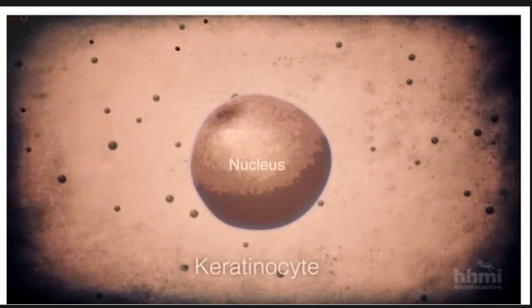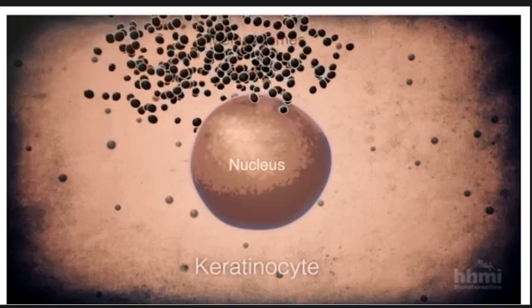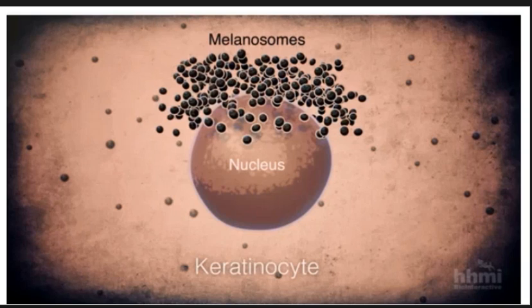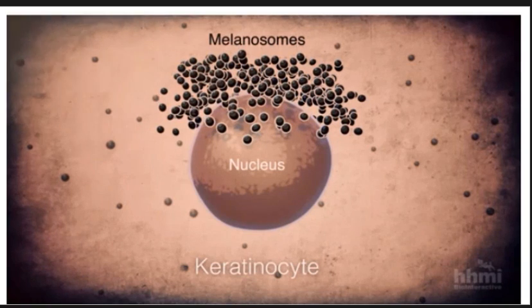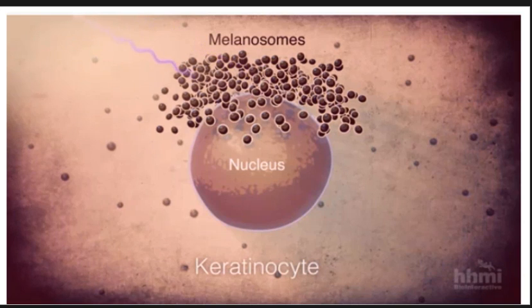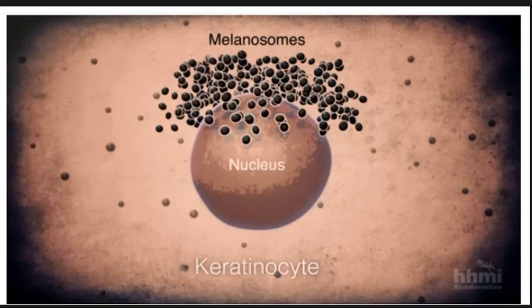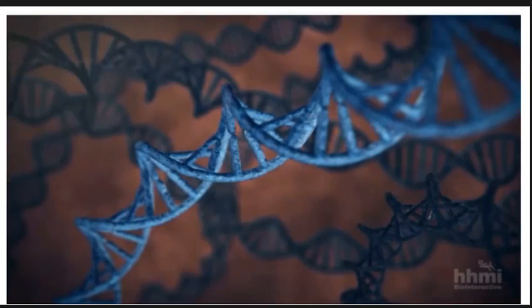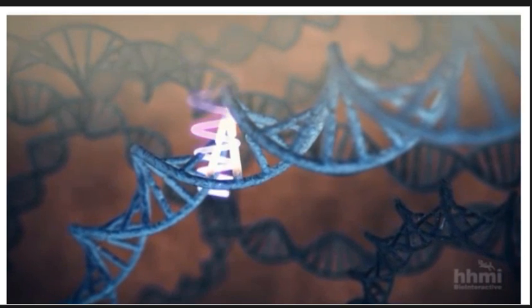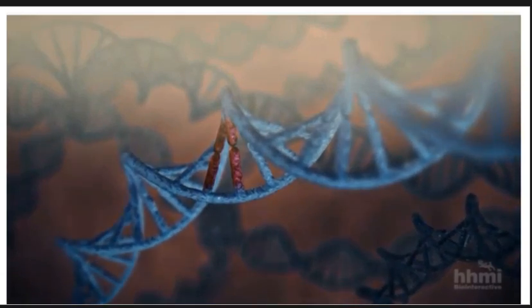Inside the keratinocytes, some melanosomes form a cap around the cell nucleus. The melanin inside the melanosomes absorbs the ultraviolet energy from sunlight, reducing the amount of ultraviolet radiation that reaches the nucleus, and in particular, the DNA inside the nucleus. Ultraviolet radiation can cause mutations in DNA that can lead to cancer.